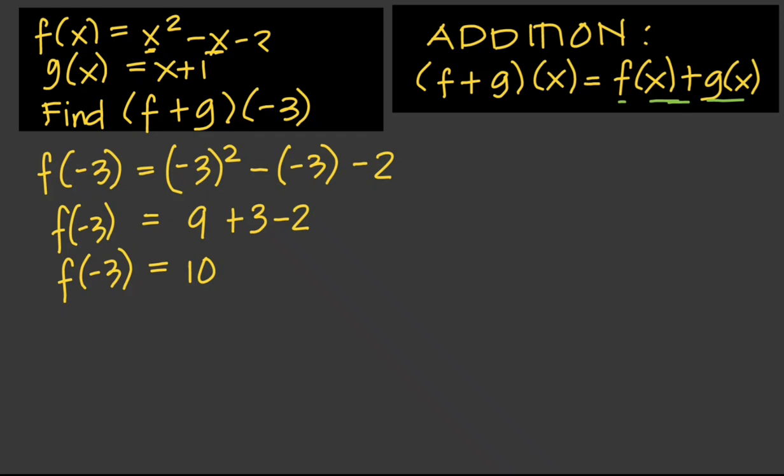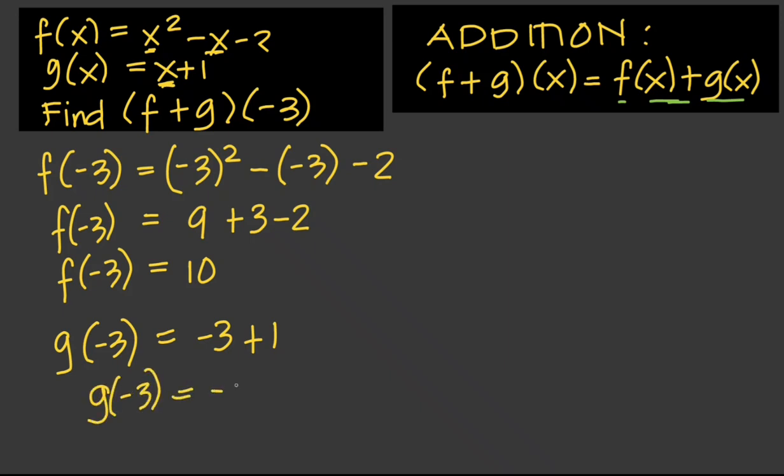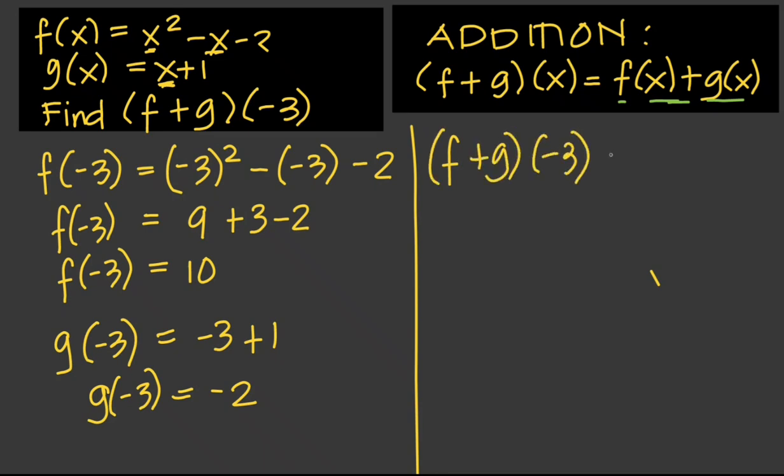And now let's evaluate g at -3. So g of -3: we plug in -3 here to our x, so that would be -3 plus 1. Then g of -3 is just equal to -2. And now we can evaluate f plus g of -3, which is just equal to f of -3 plus g of -3.